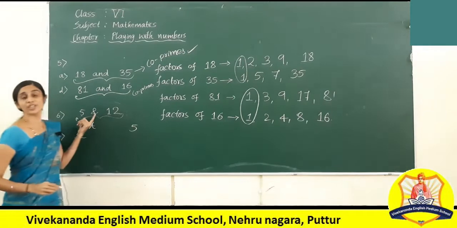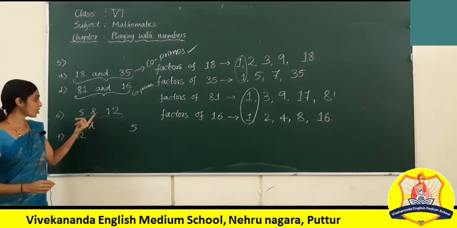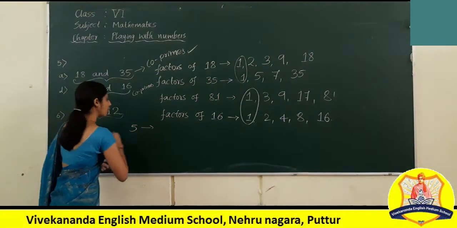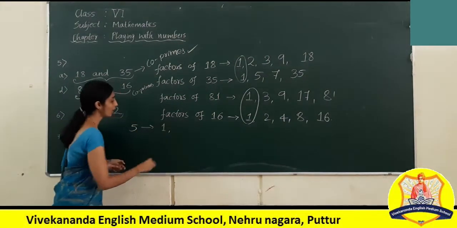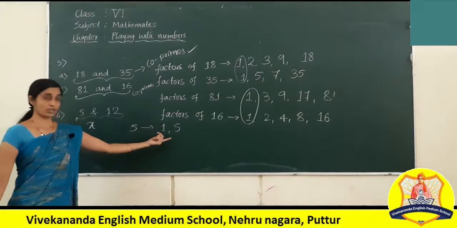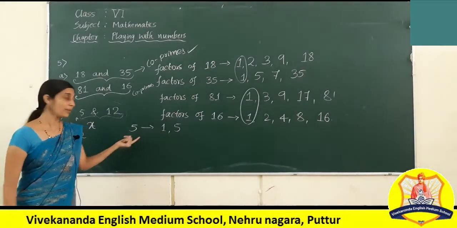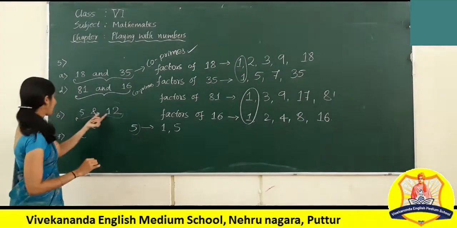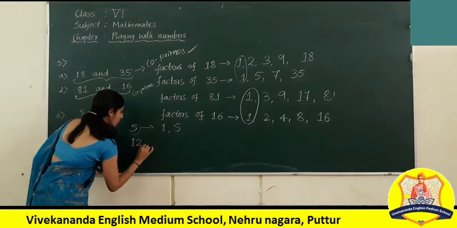What is the first duty here then? We have to check whether these are co-primes, right? So factors of 5, 1 and 5. Yes, of course, 1 and 5 are the factors of 5 since it is a prime number also. Right, okay. Next 12, factors of 12.